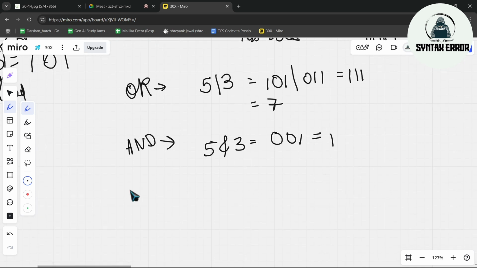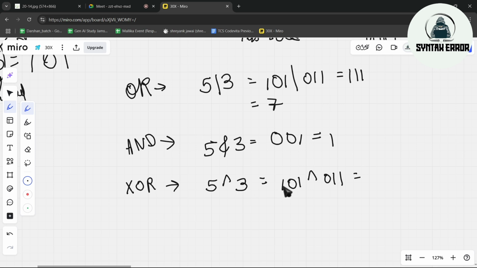Next one, which we will use majorly, is XOR. What do we mean by XOR? We will represent it like this: 1, 0, 1 XOR 0, 1, 1. It will return 1 only if the two bits are different.